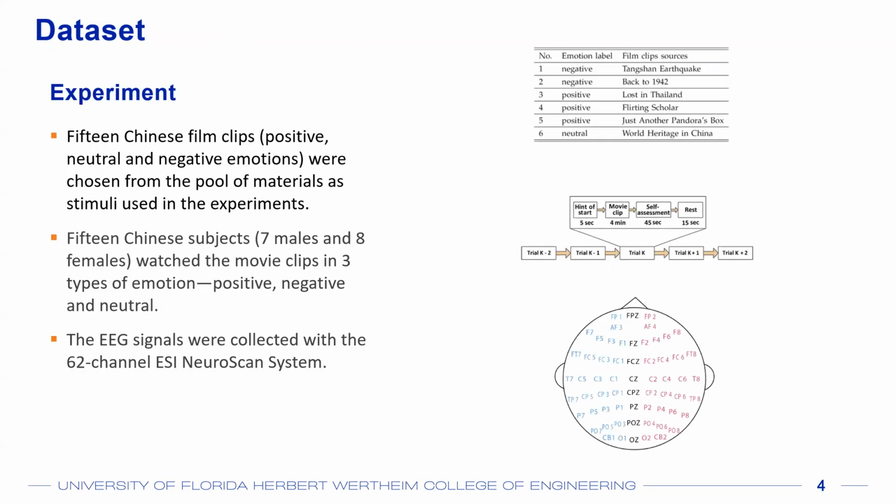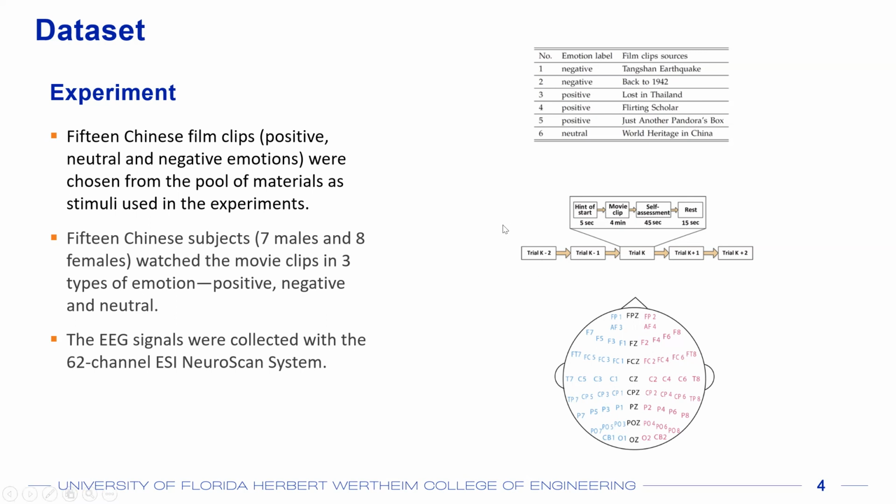So I want to introduce my dataset first. The dataset was the EEG signal collected from 15 subjects who were watching movie clips of different kinds of emotion. We can see that the first figure shows different types of movies which represent different emotions.